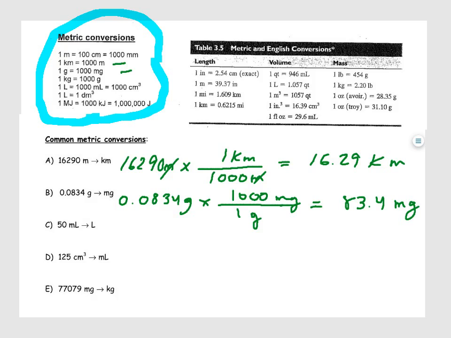For C, you've got a volume, 50 milliliters. You want to change to liters. This next one down says there's 1,000 mils in 1 liter. So 50 milliliters to start, and you want to change that into liters. There's 1,000 mils in a liter.